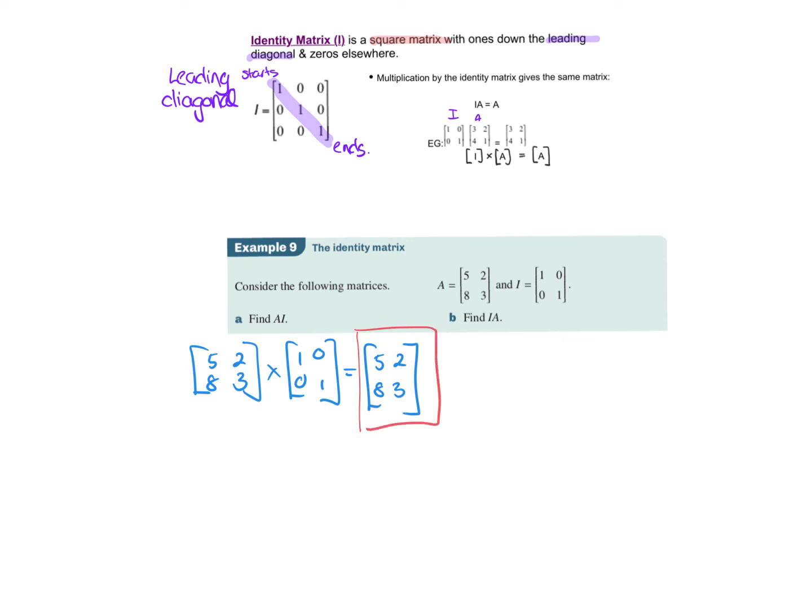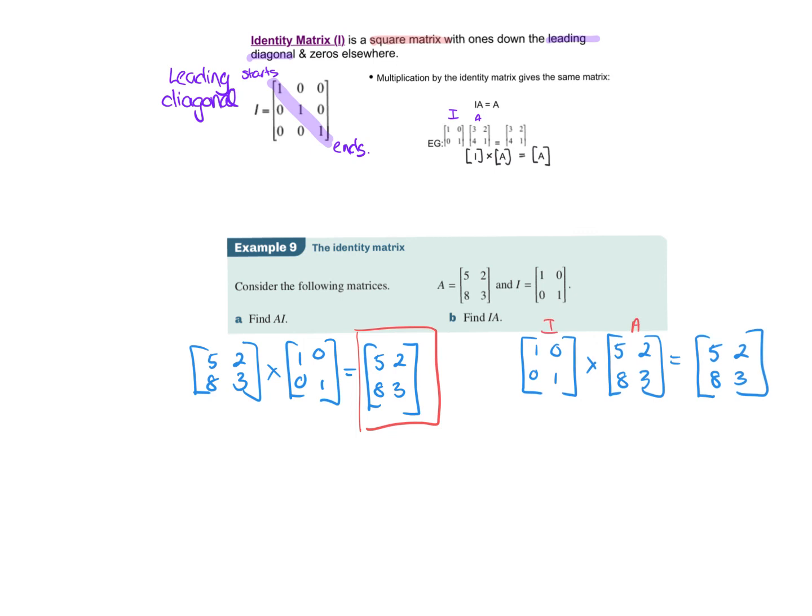It doesn't matter with the identity matrix, the order won't make a difference. Even if I put the identity at the start, it will still produce that A matrix, the same one. That's the only time the order doesn't make a difference, with the identity matrix.